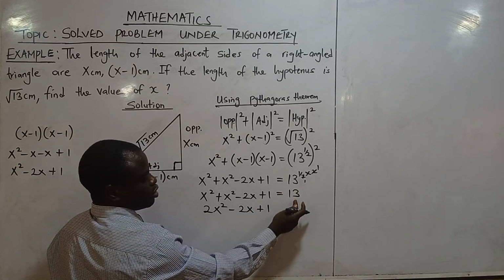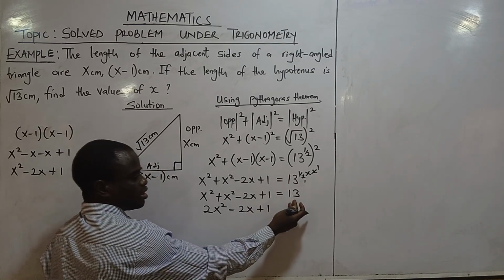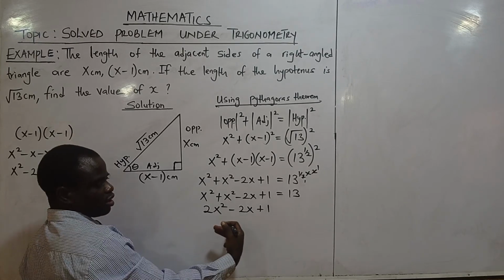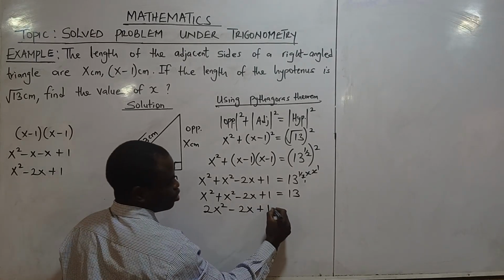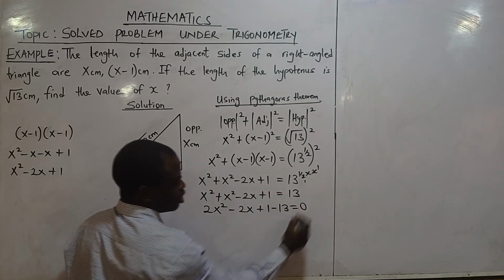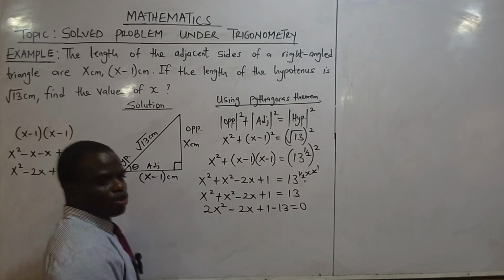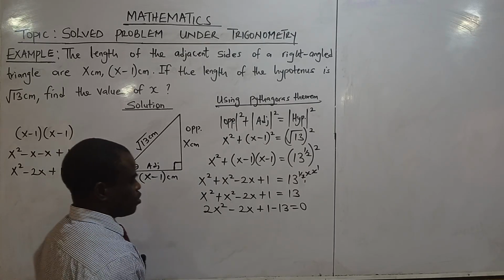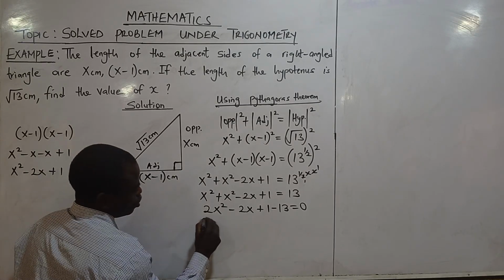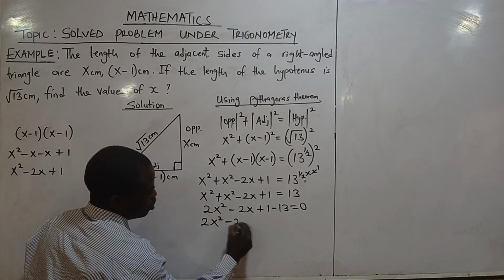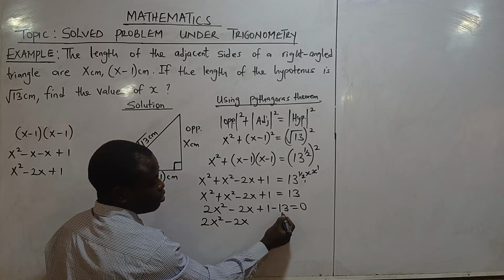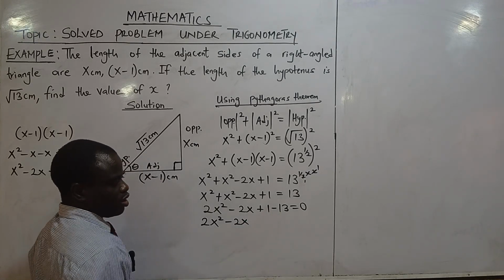Take 13 across the equal sign to the left hand side, you return minus 13 equal to 0. We have to turn it to a quadratic equation so as to solve the problem. 2x squared minus 2x plus 1 minus 13.